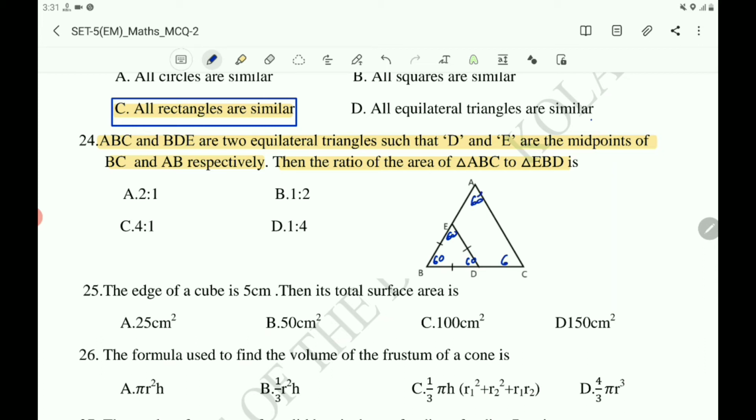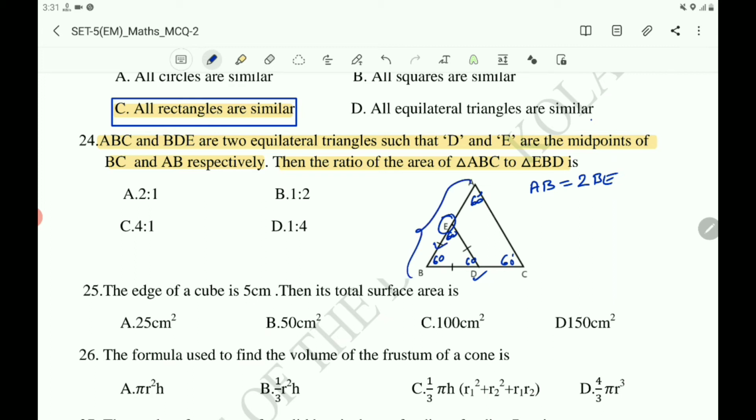So they are equiangular triangles. And also it is given that D and E are the midpoints of BC and AB. So the ratio of the area of ABC to EBD is, here midpoint means you can have AB equals 2 EB. Here E is a midpoint.